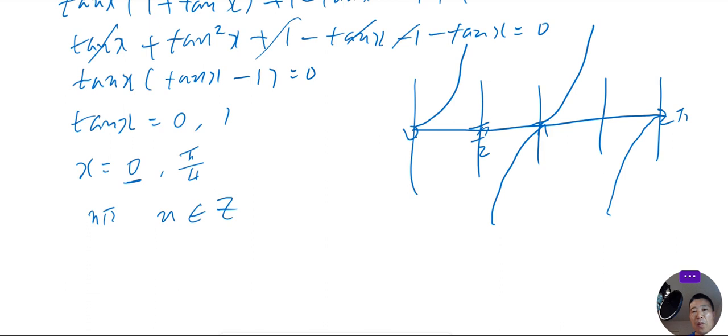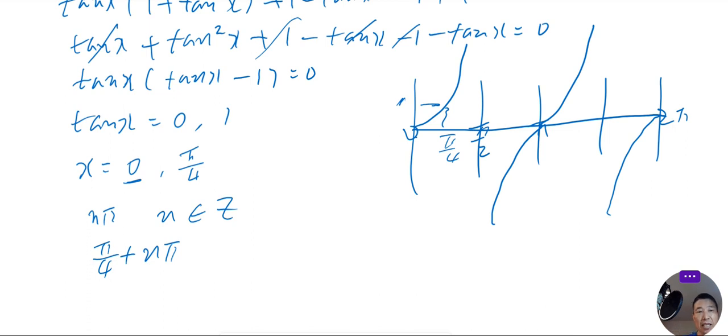What about pi over 4? When x is pi over 4, tangent x is 1. Because it repeats, again it adds pi. So you have to say pi over 4 plus n pi. Each time you have 1.